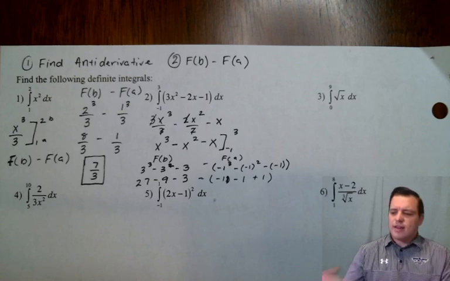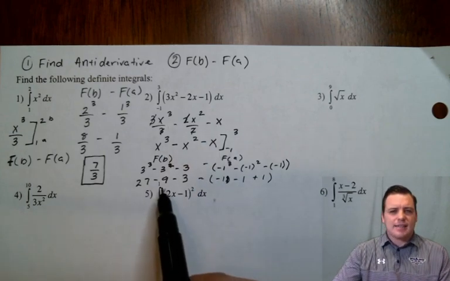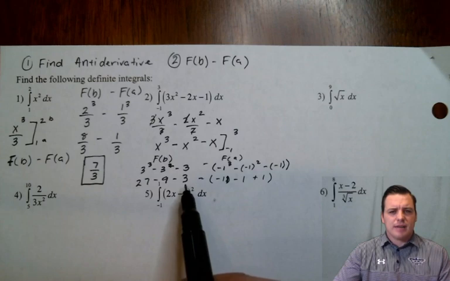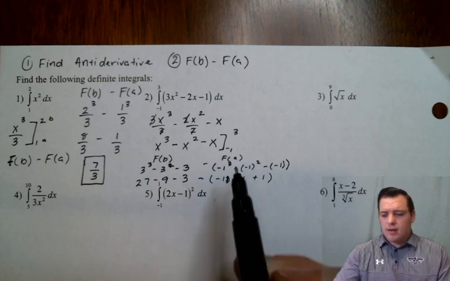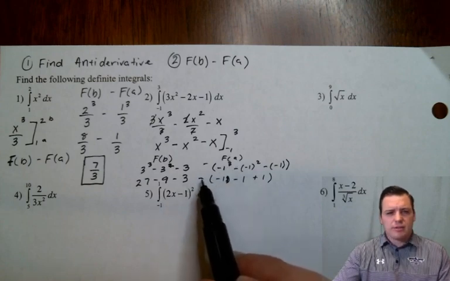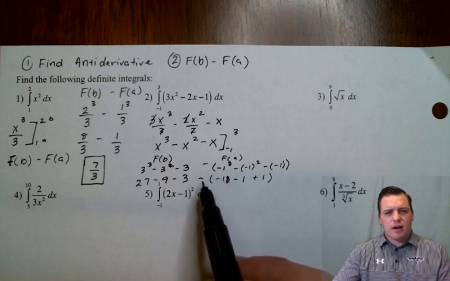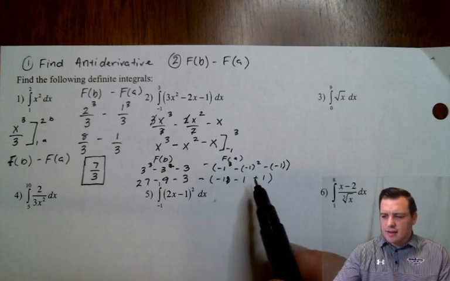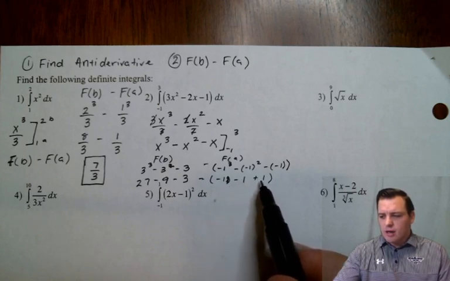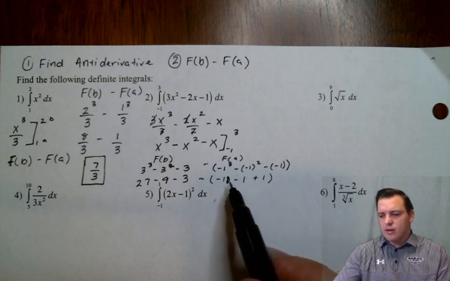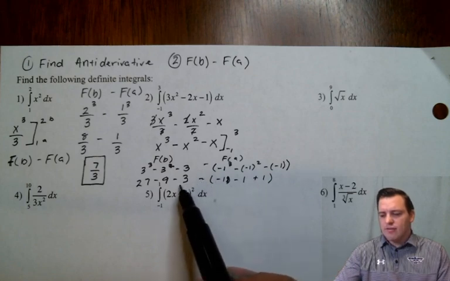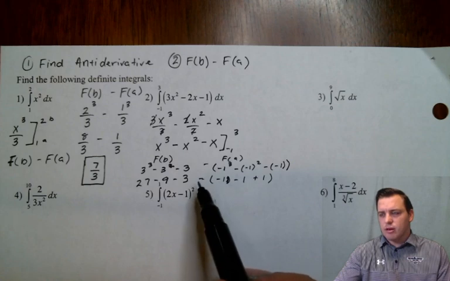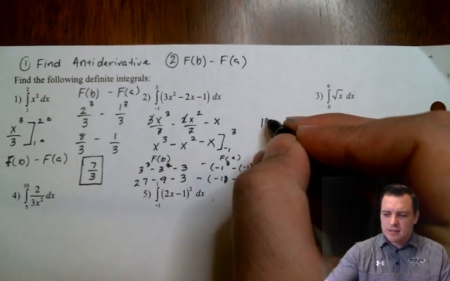So 27 minus 9 is 18. 18 minus 3 is 15. And then, of course, all these are going to change because of the minus on the outside. So we could just subtract those and get -2 plus 1. -2 plus 1 is -1, and then that minus, so I have 15 minus negative 1, which would go plus plus, which would give us 16.